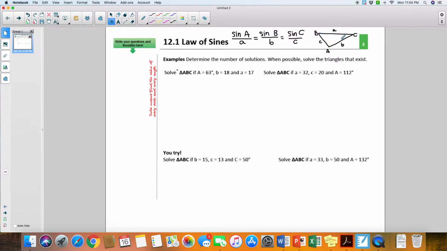And then once you have your measurements, you would substitute where necessary. So let's talk about when you use sine. There are two reasons that you would use sine over law of cosines. Reason number one, you are given an angle and its opposite side.